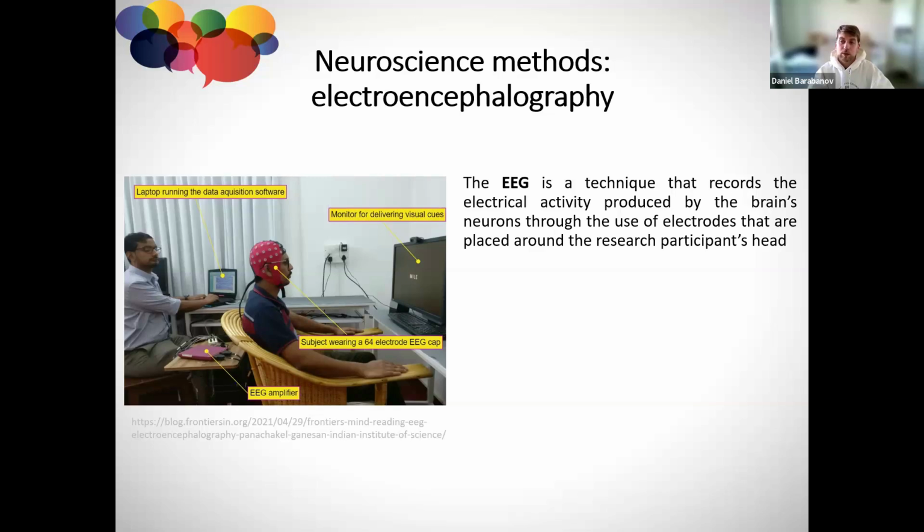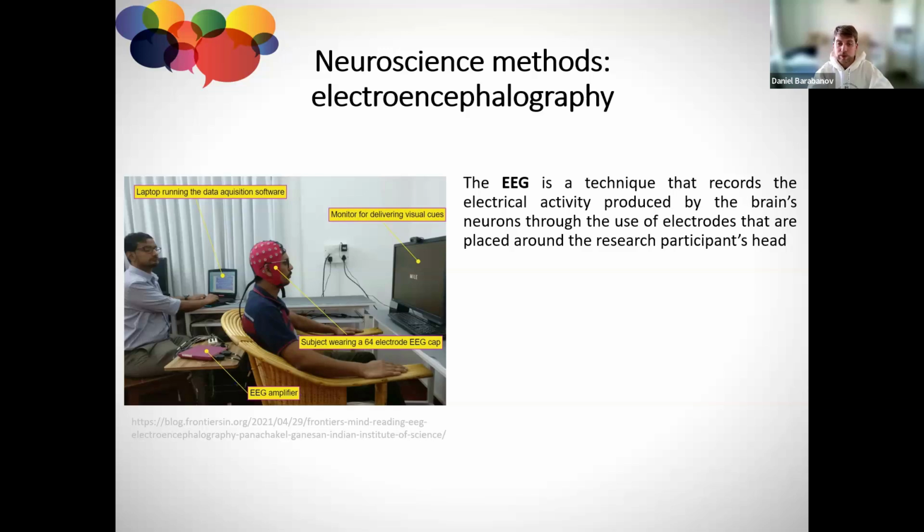On the picture on the slide, you can see this special hat on the participant. It contains electrodes which detect electrical activity of the brain. When neurons fire and transmit a message, they elicit a certain type of electrical activity which can be detected with the help of those electrodes, and the signals are sent to the laptop with special software.